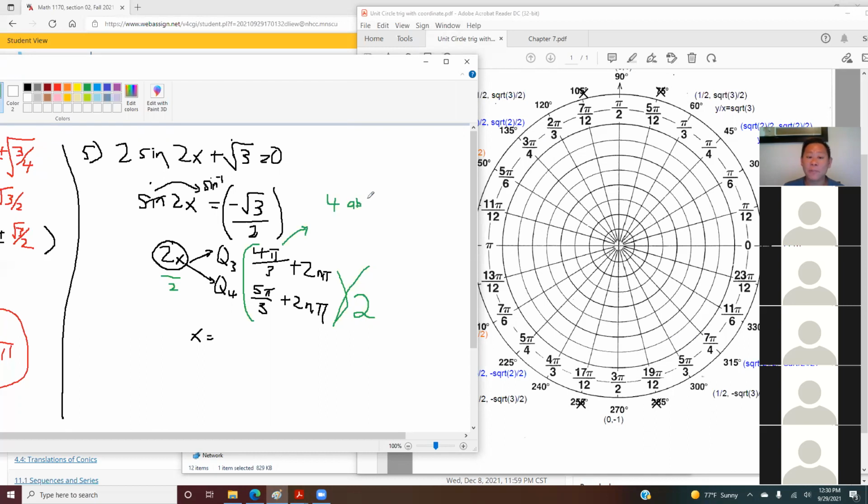You should have a fraction button called ABC in most calculators. If you use a TI, they have an ABC button on it. So 4 ABC 3 divided by 2.